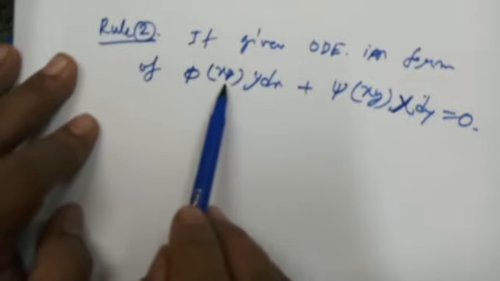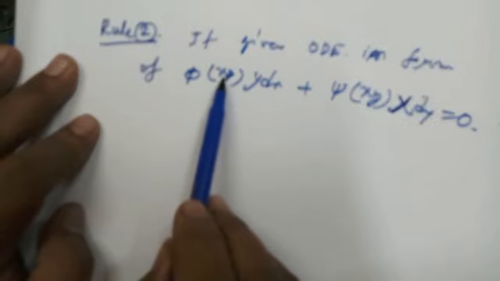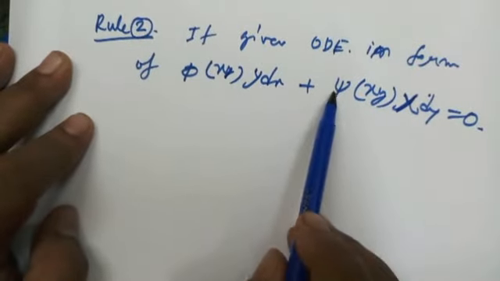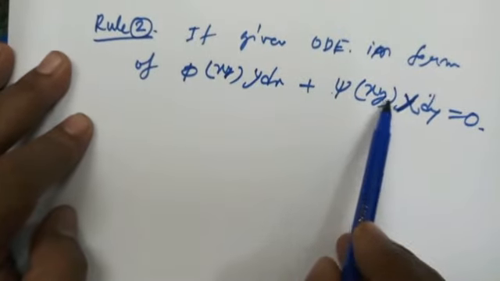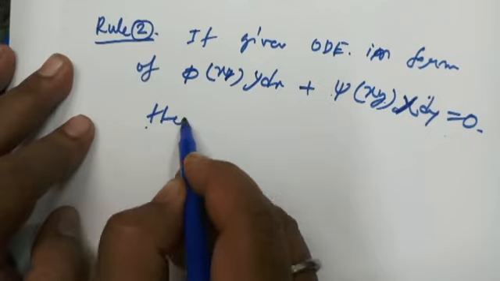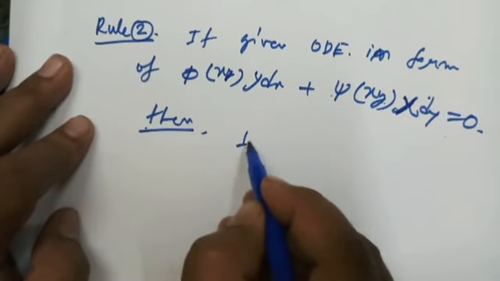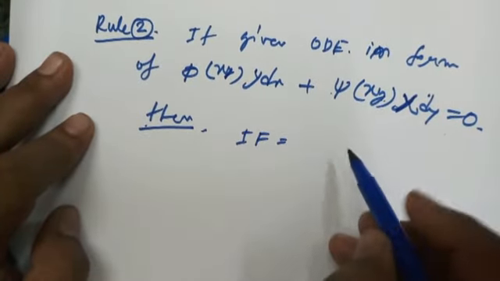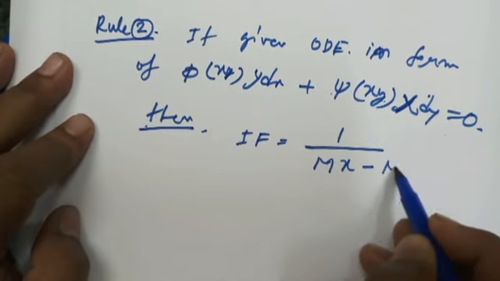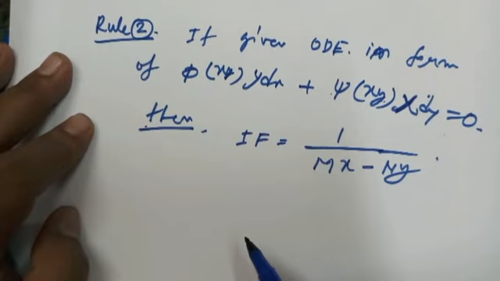This is the form, meaning a function of xy multiplied by y dx plus a function of xy multiplied by x dy is 0. Then the integrating factor is 1 upon (Mx minus Ny).